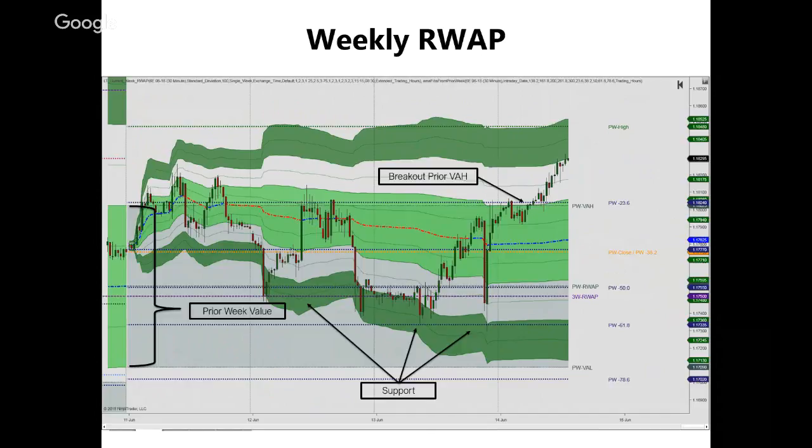Again, the idea here is to align the broad overview with the intermediate perspective and use that for improving our odds in the short term. So you can see here why we would not want to look for breakouts to the downside based on what we found in the broad and intermediate perspective.